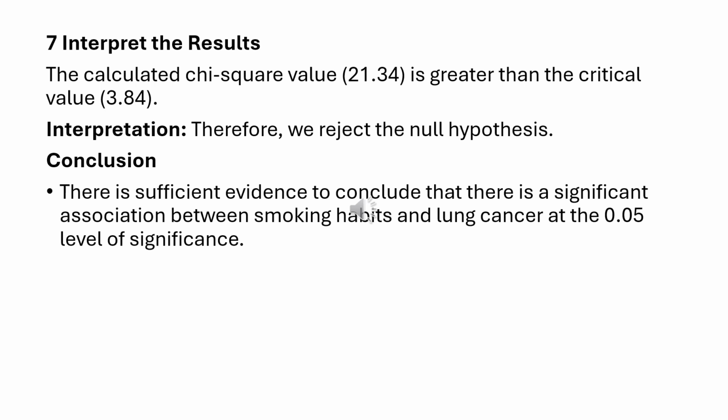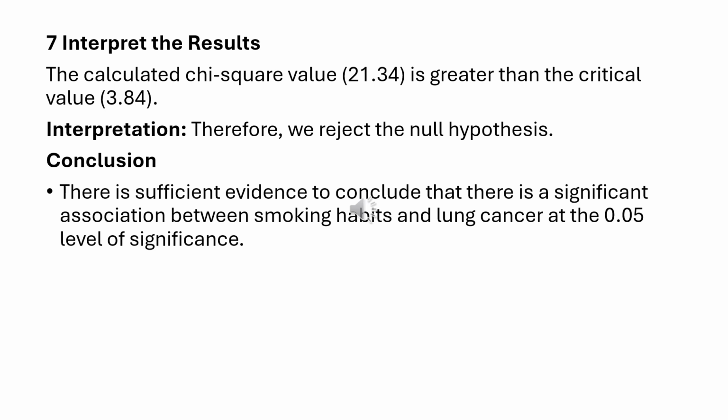The next step was to calculate the expected frequency. Expected frequencies are the theoretical number of occurrences for each cell, calculated using the equation row total times column total divided by grand total, and the expected frequencies for each observed value are shown in slide number 4.